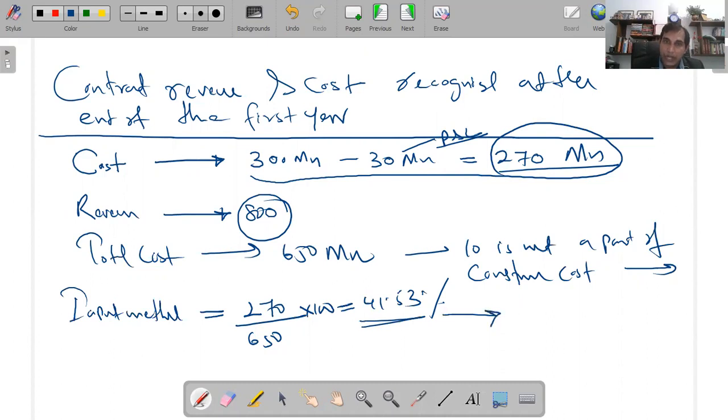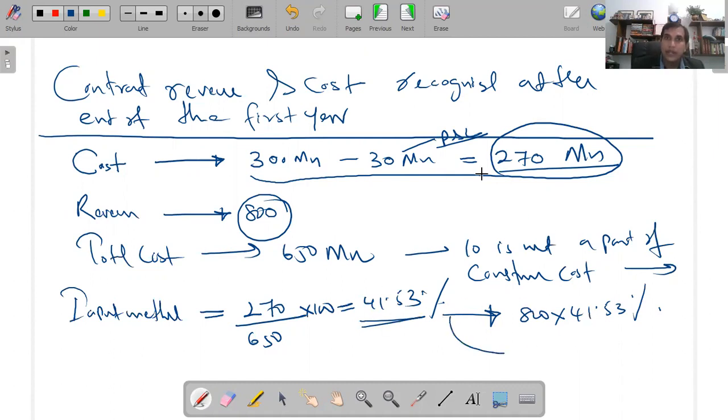So you are allowed to recognize 800 into 41.53%. So what is the answer? 332.24.